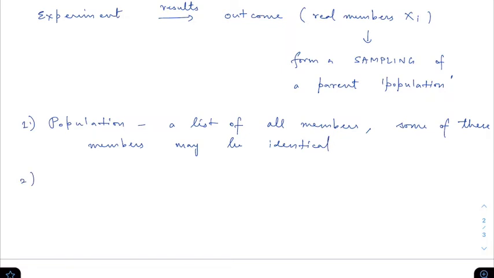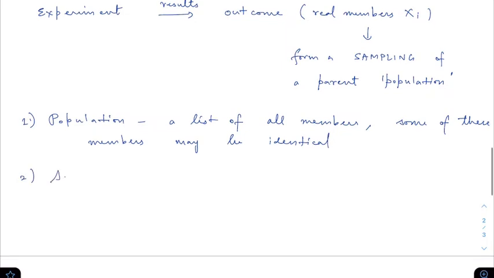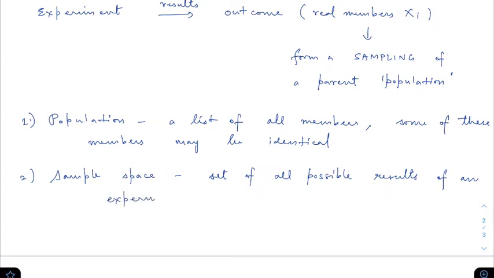Sample space, on the other hand, is a set of all possible results of an experiment. Only one member of the set at a time represents identical results.